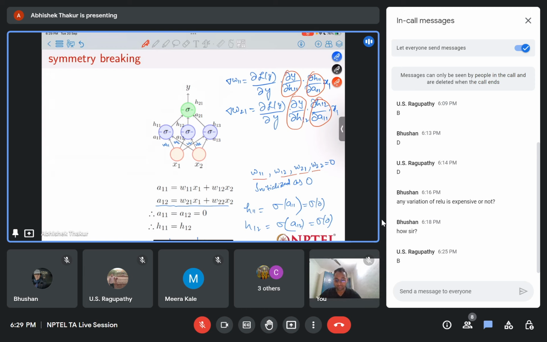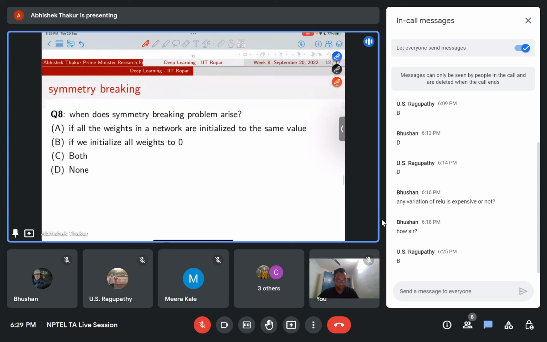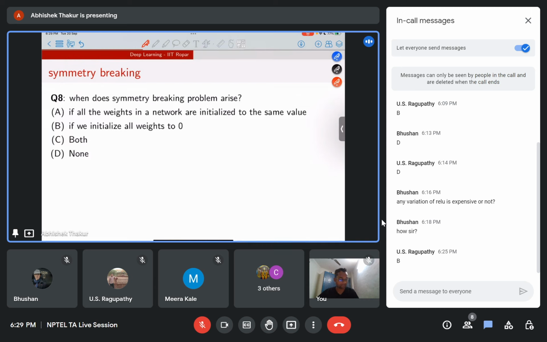The same is true for all the next layers also: the values of these weights will update together. It will not change, because if you look at this formula, all these values are equal. So there is no use, and this is the problem of symmetry breaking, where the weights will never get updated separately.